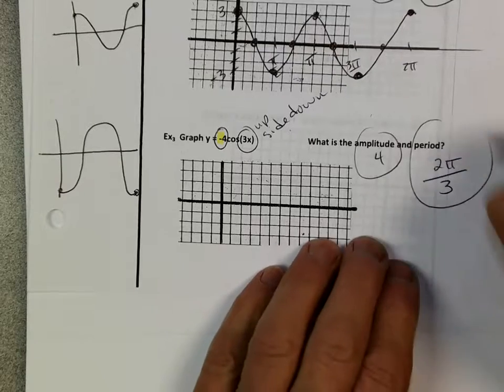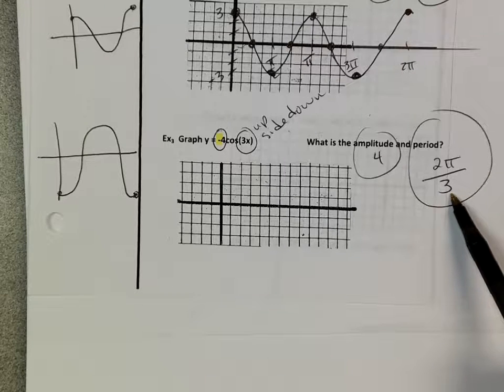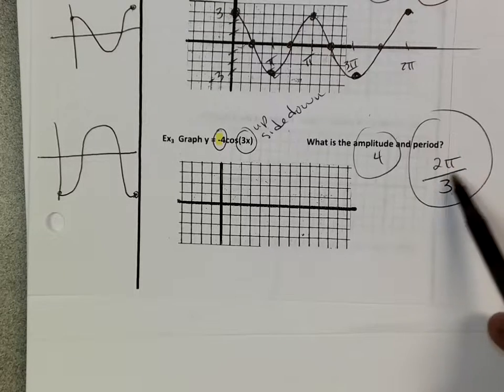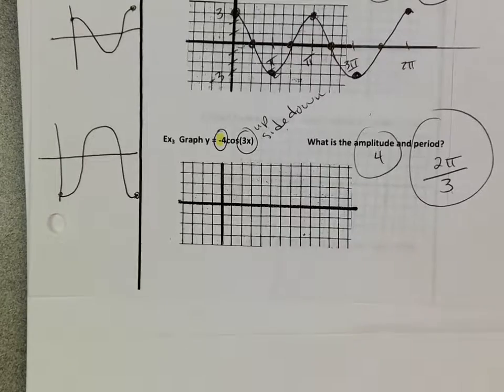So the period of one curve is going to be 2 pi divided by 3. Take my normal period, and I have to divide it up into 3 curves, right? So that means one curve has to fit in between 0 and 2 pi thirds. So instead of going by pi halves this time, I'm going to go by thirds.